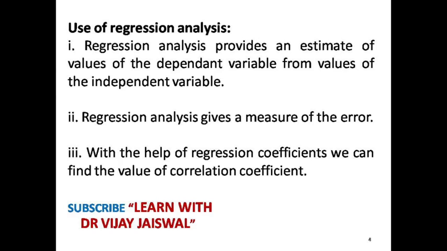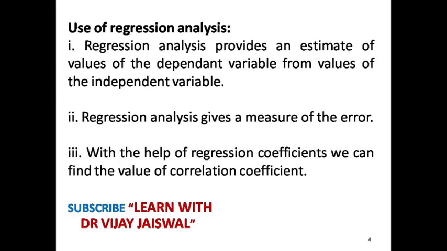The second use is that regression analysis gives a measure of the error. So for a particular model, in a particular equation, regression analysis also tells you about the errors in the model.